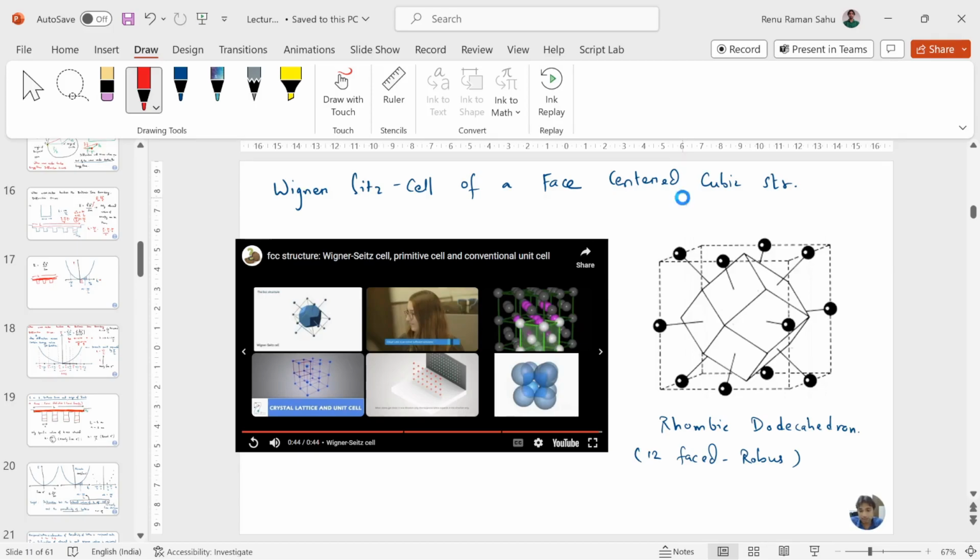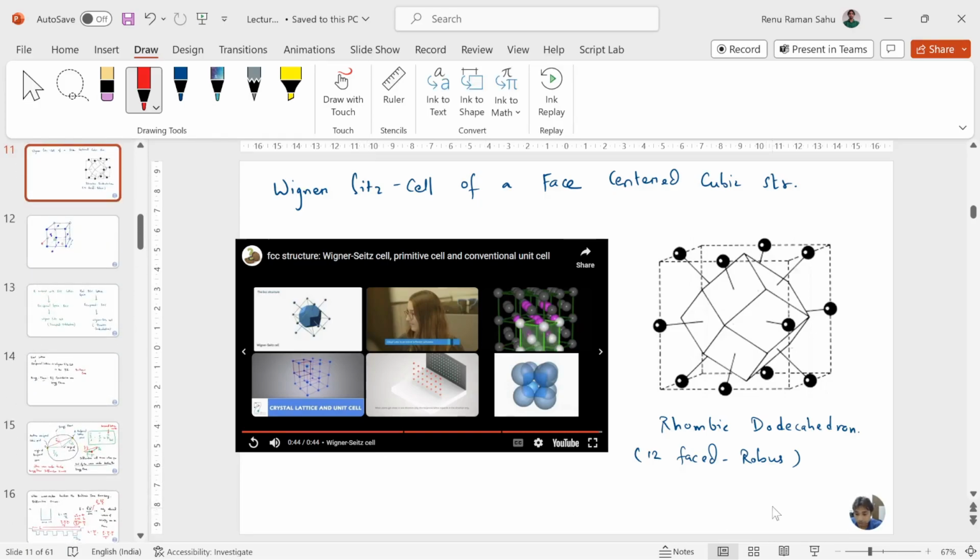If your lattice is a face-centered cubic lattice, then your Wigner seed cell will be a geometrical figure called a rhombic dodecahedron. Now, when we talk about a Brillouin zone, it has a physical significance because it tells you about diffraction and other interactions.